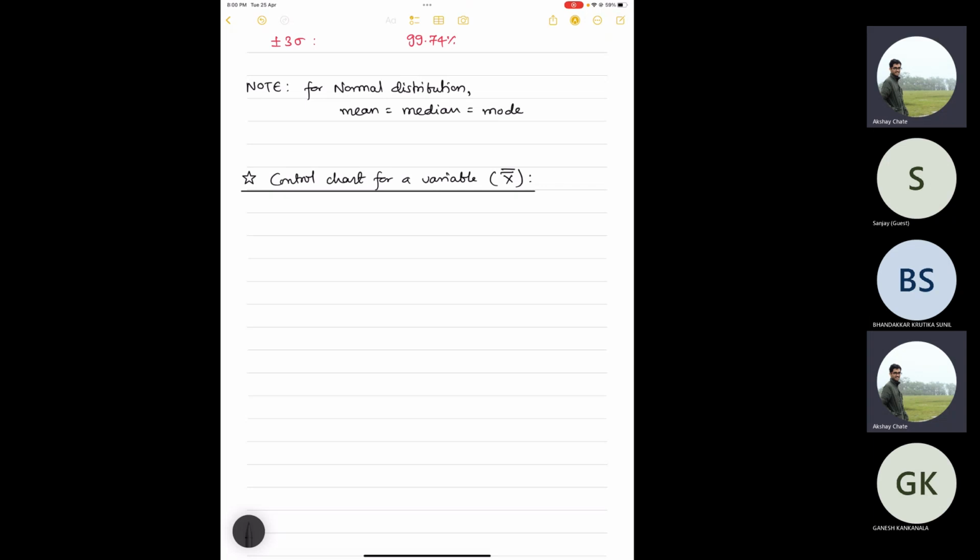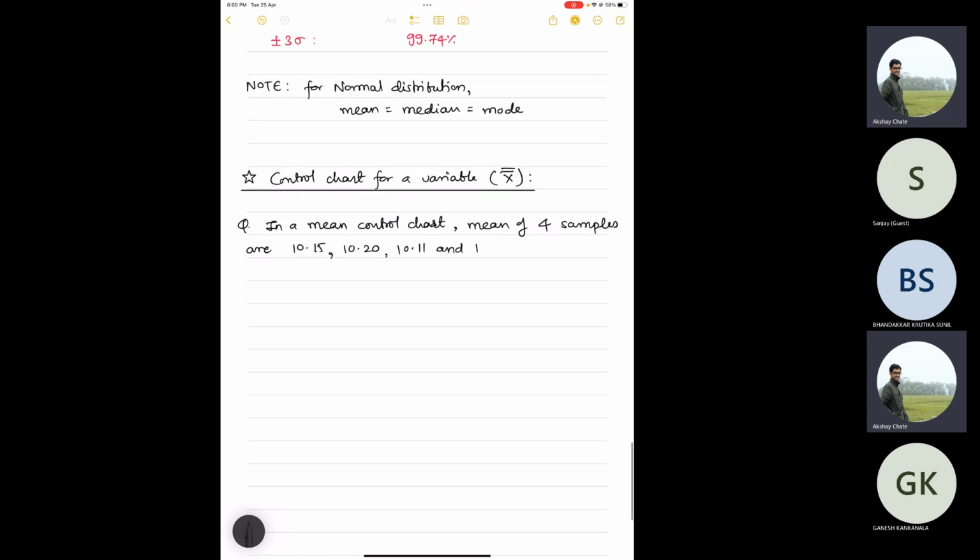So here what you do basically, I'll give you the question itself, so maybe that will be better. In a mean control chart, mean of 4 samples are 10.15, 10.20, 10.11, 10.34 under 9 observations, and the process standard deviation is given as 0.03.